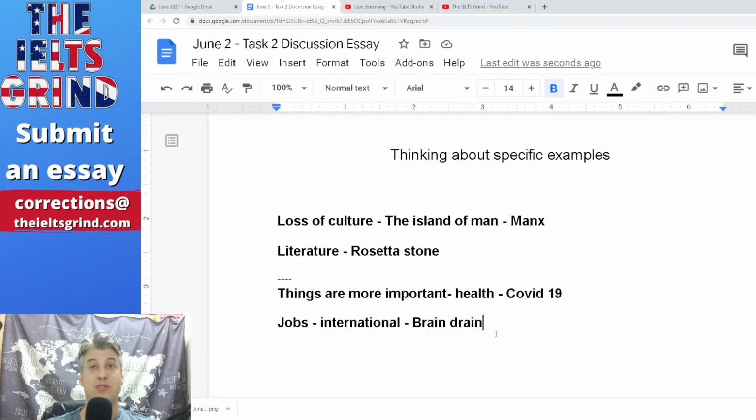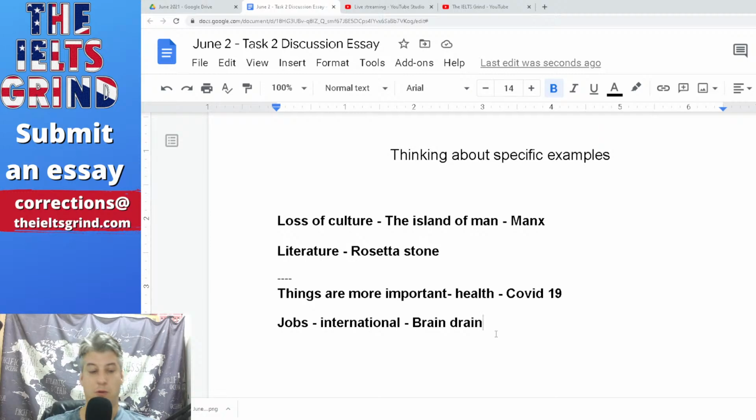This could be an excellent example of why learning a language is a good thing, but maybe not learning an ancient language or a minority language like Taiwanese. Better to learn English or another language so you can go abroad.